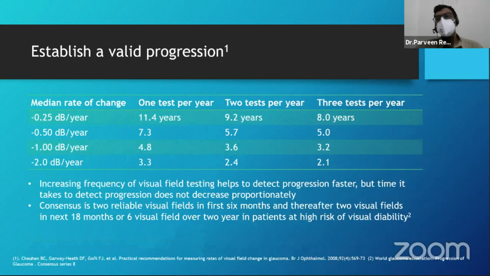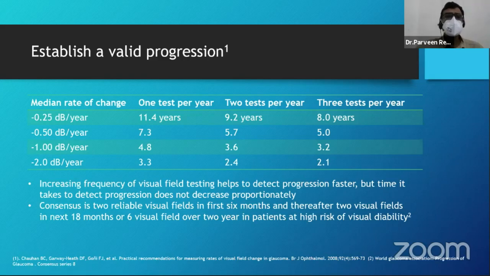So now, everything matters: the time to detect progression, how early we can detect. That depends on how many fields we do per year. Increasing the frequency of visual field testing helps to detect progression faster, but the time it takes to detect progression does not decrease proportionately.